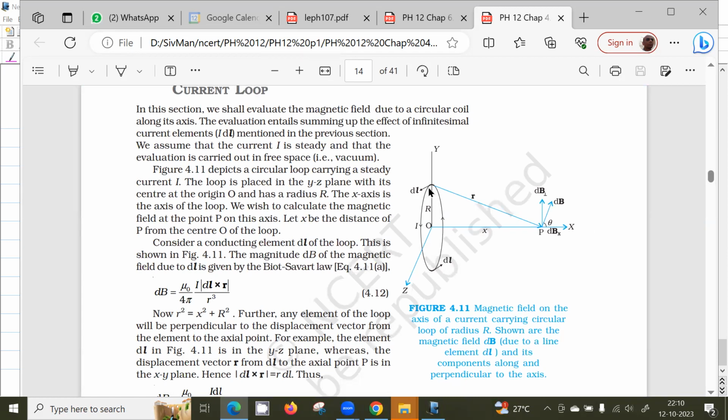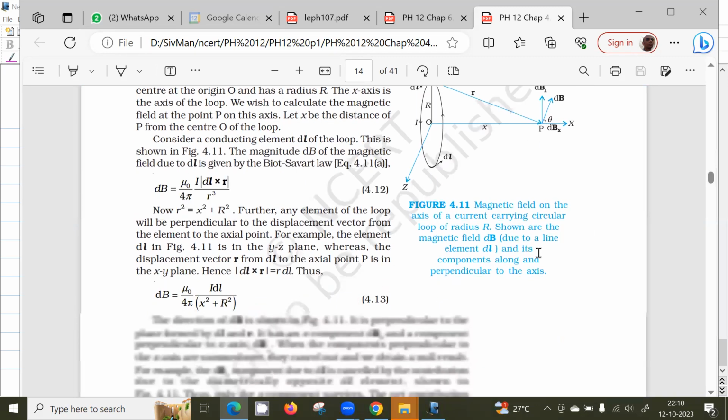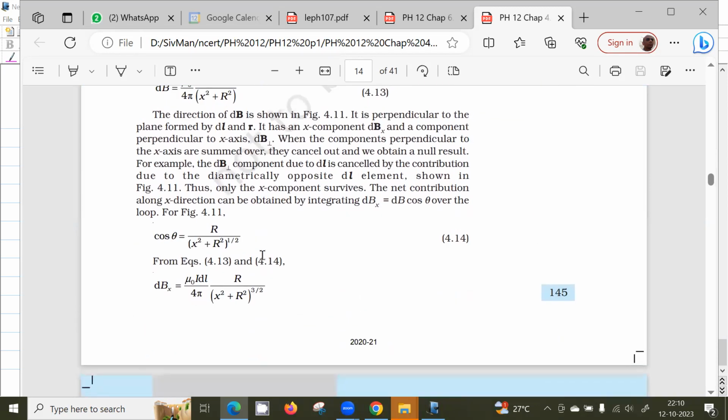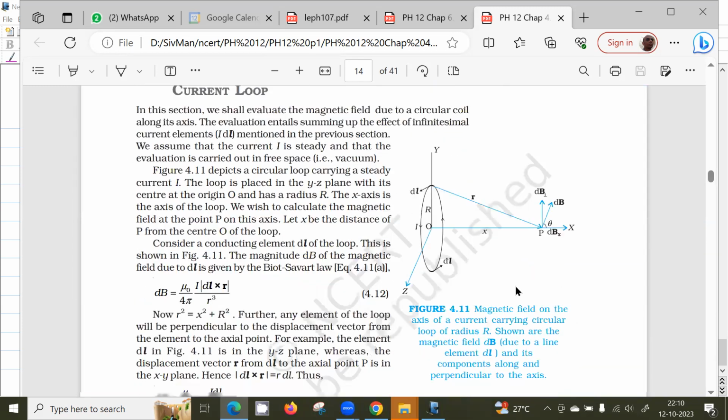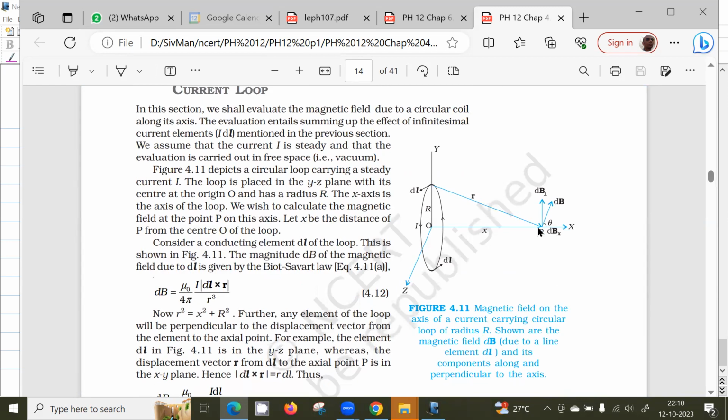On the top element the current is coming out, so it will be a dot, and the bottom element will be inwards. But the magnetic field, one of them will be this way, the other here. So if you take the pair, only the component along the axis will add. And this angle they have taken as theta. This is between the vertical and the normal to this one, so this angle is theta.